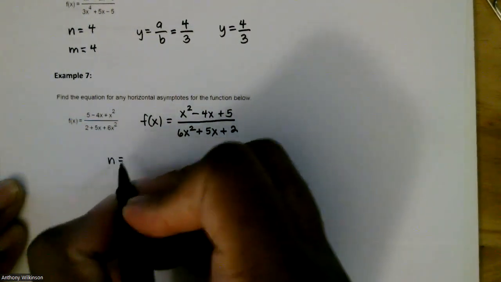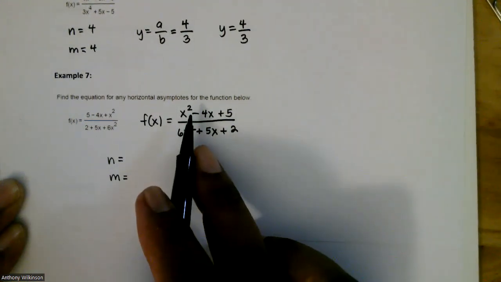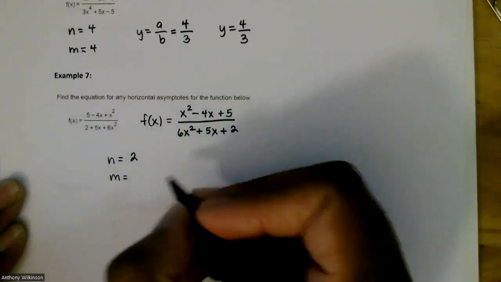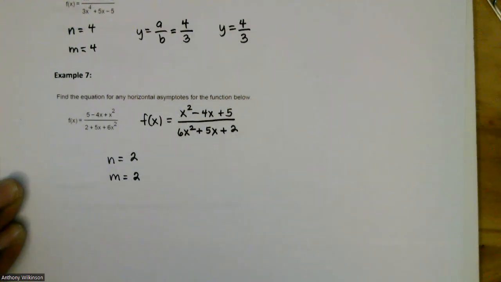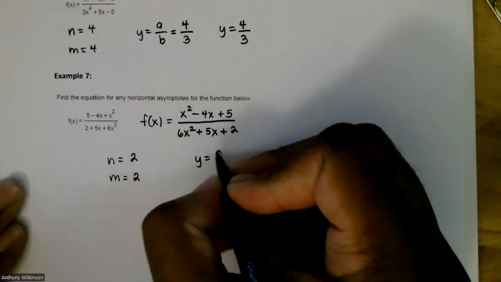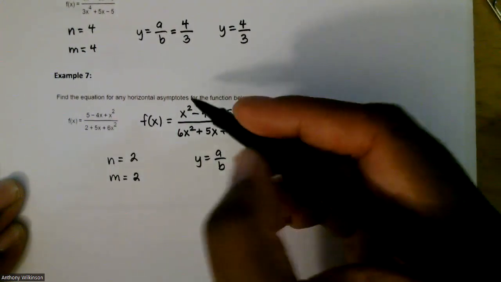And then we can identify n and m. Your n is the highest exponent in the numerator, that's 2. Your m is the highest exponent in the denominator, that's also 2. Again, n and m are equal to each other, so that means here we'll look at y is equal to a over b, where a and b are your leading coefficients.